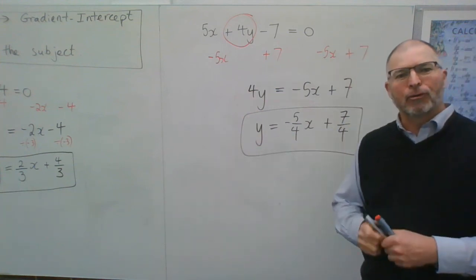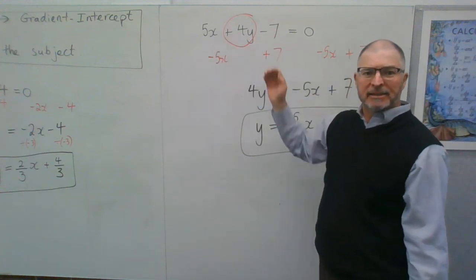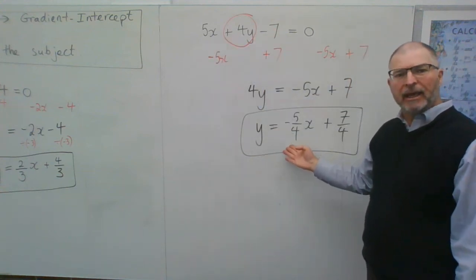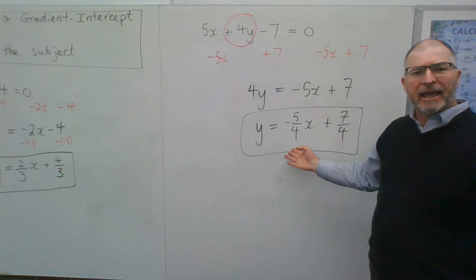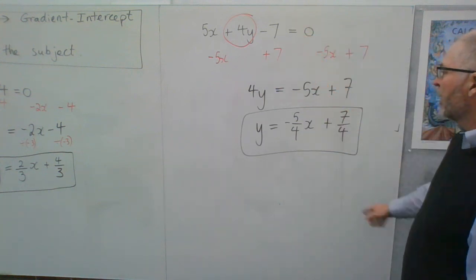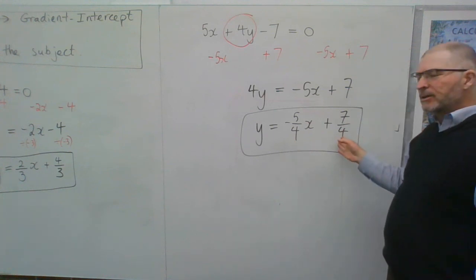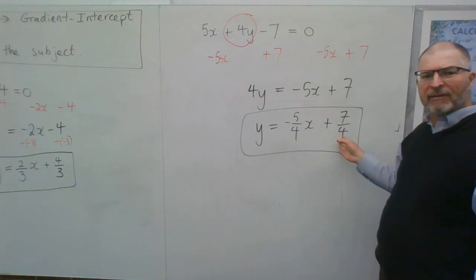That's written now in gradient intercept form. It may have been hard to see on this line, but I can see easily in here that it's got a negative gradient, so it runs down that way across the number plane. Negative 5 on 4 is the gradient, and it cuts through the y-axis at 7 on 4.